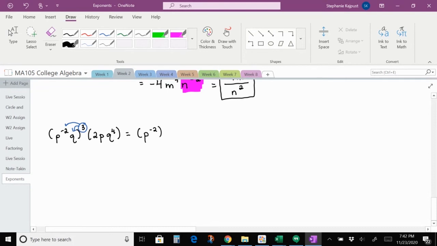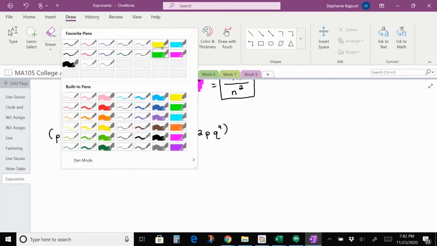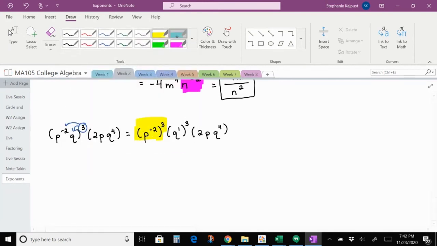So p to the negative 2 has an exponent of 3. And q, which doesn't have an exponent, so we'll give it an exponent of 1, has that exponent of 3. And then in the other set of parentheses, we don't really have anything to do, so that's just 2p q to the 4th. Now, simplifying your exponents, multiplication has to happen before addition, so I need to multiply my exponents when I have the exponents on top of each other. So I have to simplify the p here and the q here first.